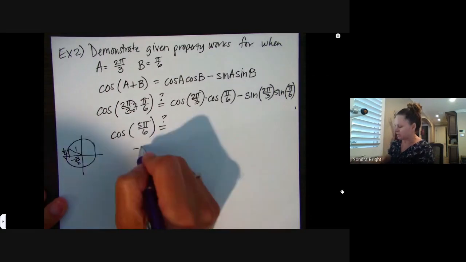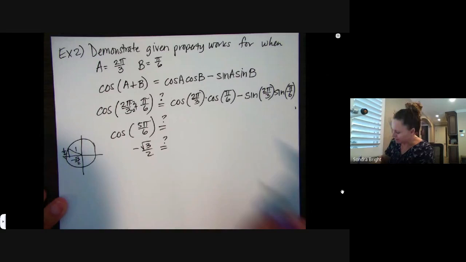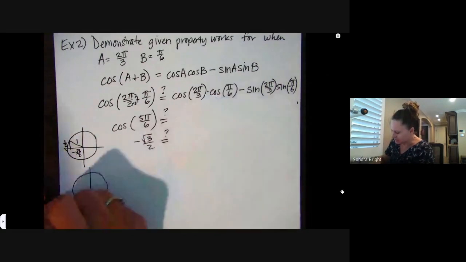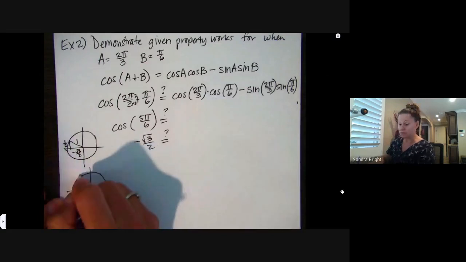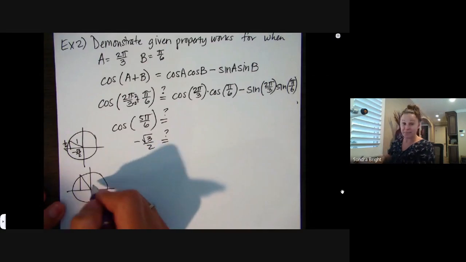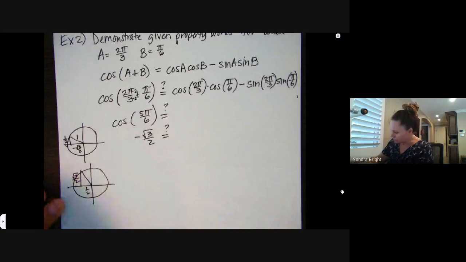Is that equal to? All right, now let's figure out cosine of 2 pi over 3. That is 120 degrees. It's this guy. So that's a tall triangle, 60-degree reference angle. So this is a rad 3 over 2 and a 1/2, except that you're in quadrant 2. So it's a negative there. So this would be negative 1/2.